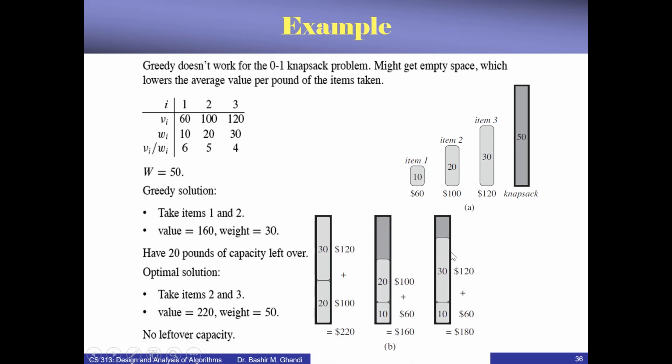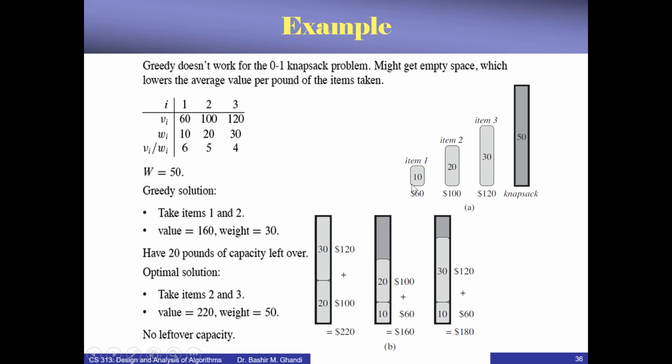Okay, this diagram is showing the possible options. One option, which is the optimal, is to take item 2 and item 3. So he will have 220. The other option, which he did, was to take item 1 and item 2 based on the greedy choice. Greedy choice means go with the most valuable item first.